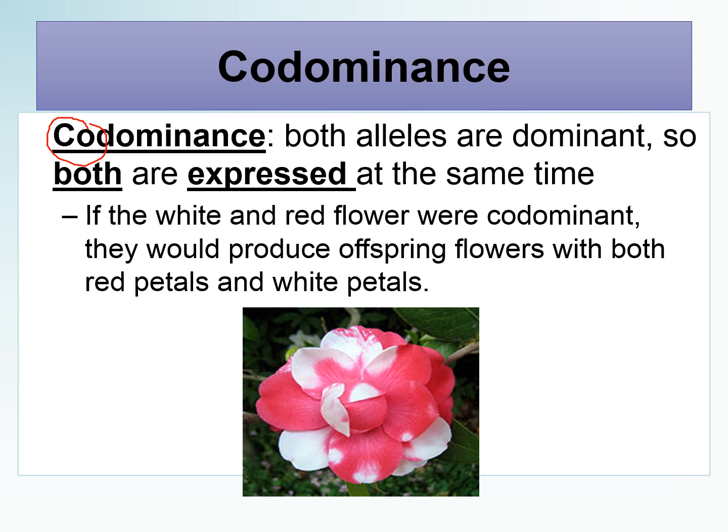If we had a white and a red flower and we crossed them, looking at codominance, you're going to produce offspring flowers with both red petals and white petals. Both colors are going to be shown together in the offspring.